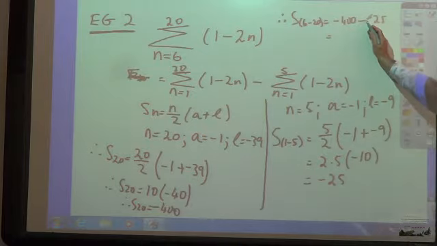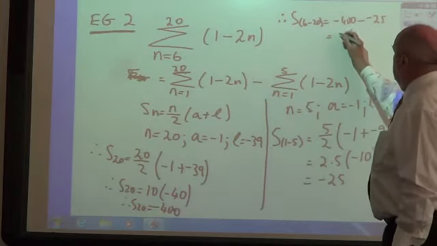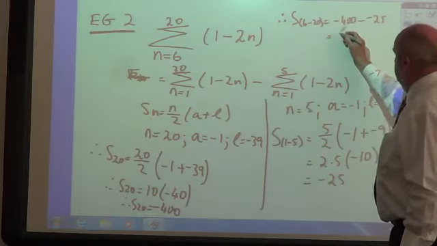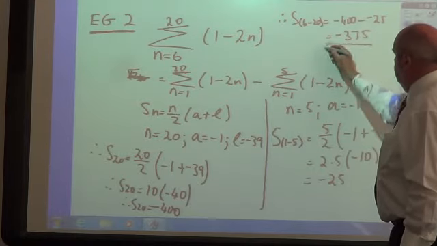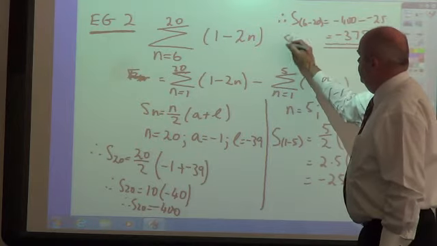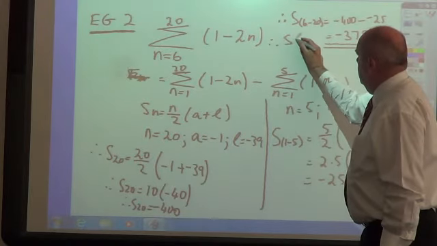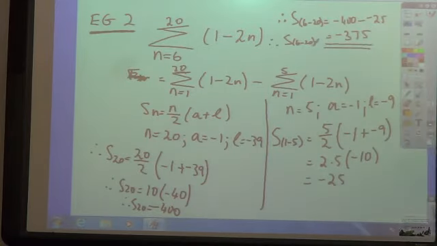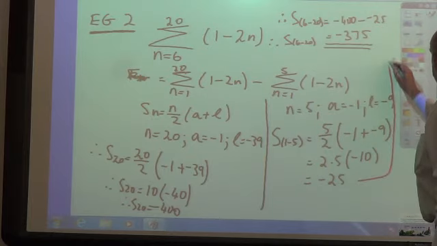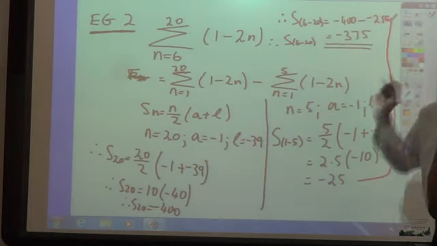Signs together are the same, so I am going to add. And that's going to come to negative 375. That's our answer there. Therefore, the sum of the 6th to 20th term equals negative 375.